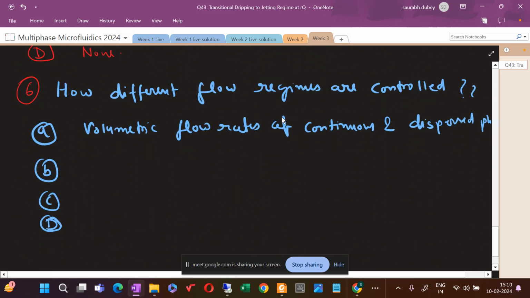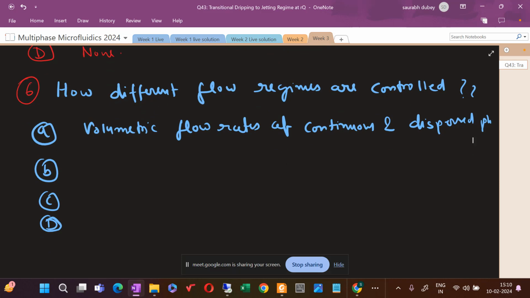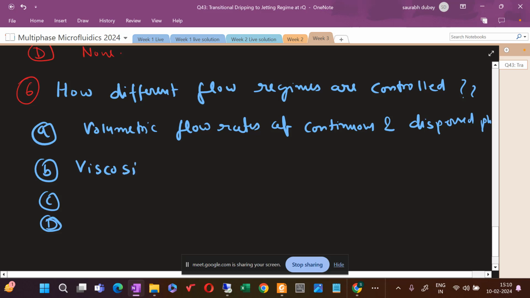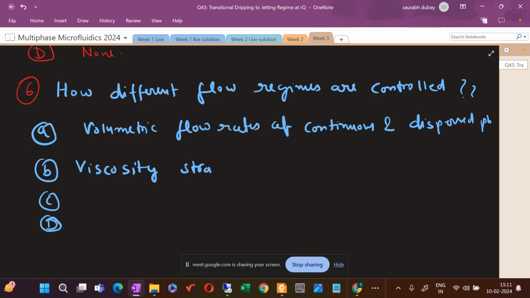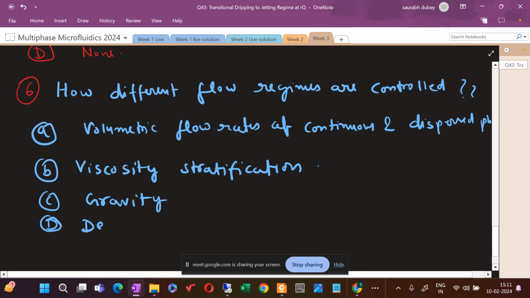So this particular question that I will start with is how different flow regimes are controlled. Option A is volumetric flow rate of continuous and the dispersed phase. Another option is viscosity stratification, then gravity, then density stratification.